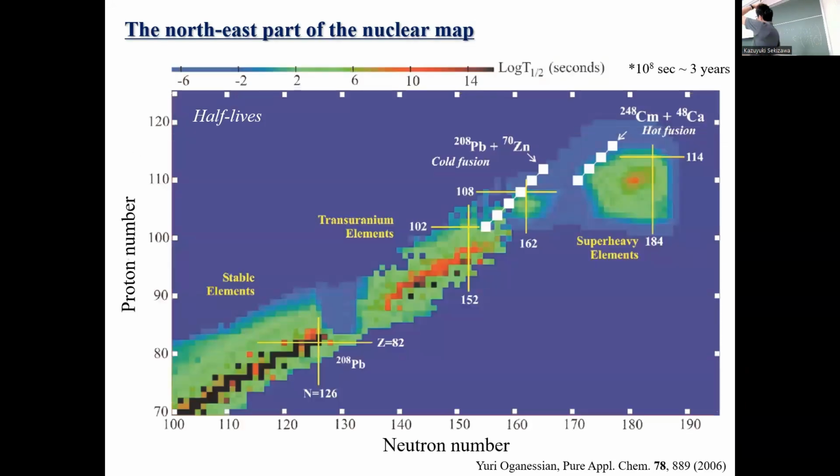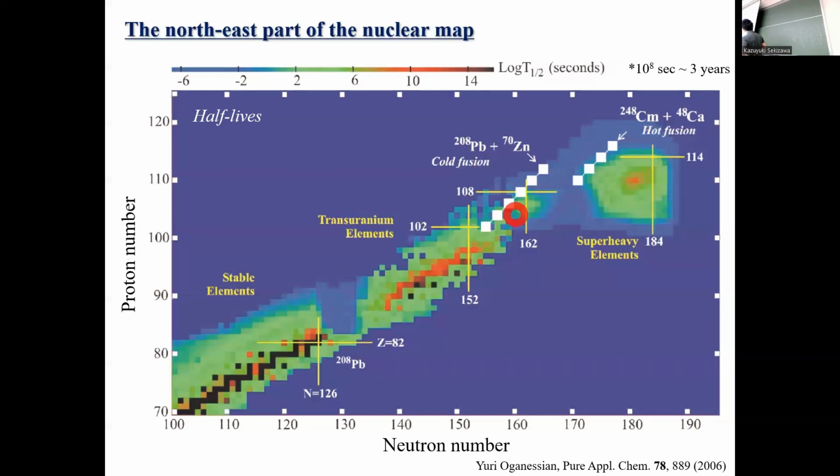Okay, so now here I just show the northeast part of the nuclear chart. So here is lead-208, and here is uranium somewhere. Uranium is somewhere here. And those are super heavy elements, super heavy nuclei.